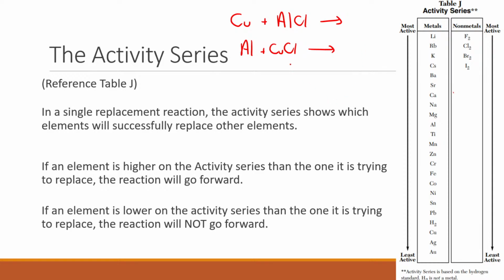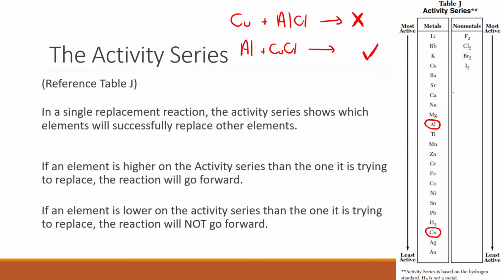If we look at these two elements, right, we've got copper and aluminum, only one of these reactions will go forward. The bottom reaction is the one that will happen, the top one will not. Copper is not strong enough to replace aluminum.